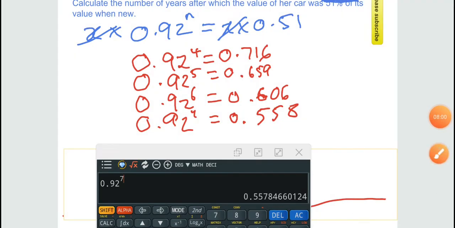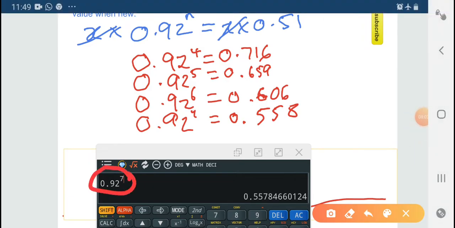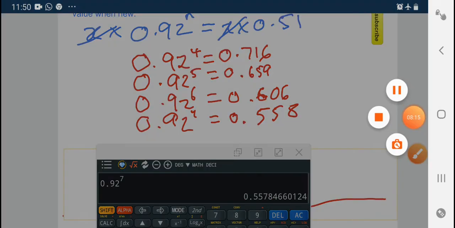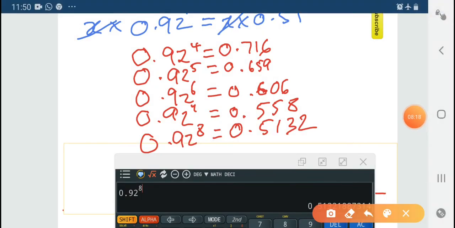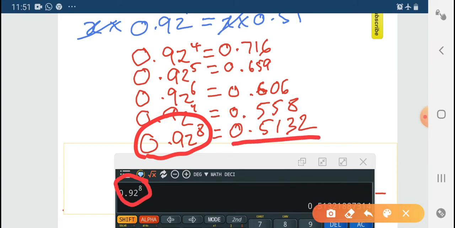And as you can see now, with 0.92 to the power of 7, we've got the answer 0.558 to 3 decimal places. So this is now getting closer, but still not as low. We need to get even lower. So as you can see, with 0.92 to the power of 8, we have finally got the answer to be 0.5132.